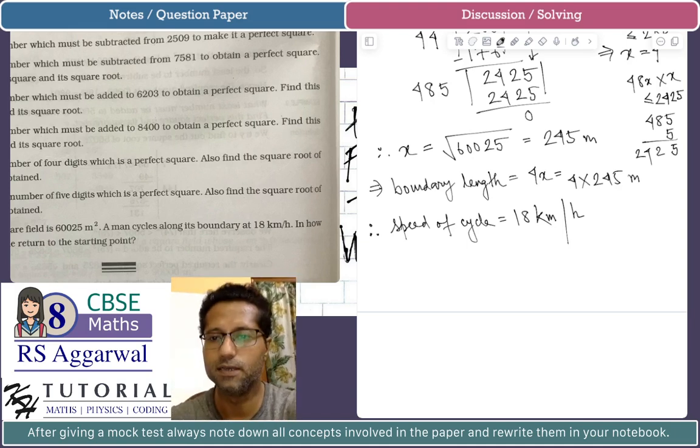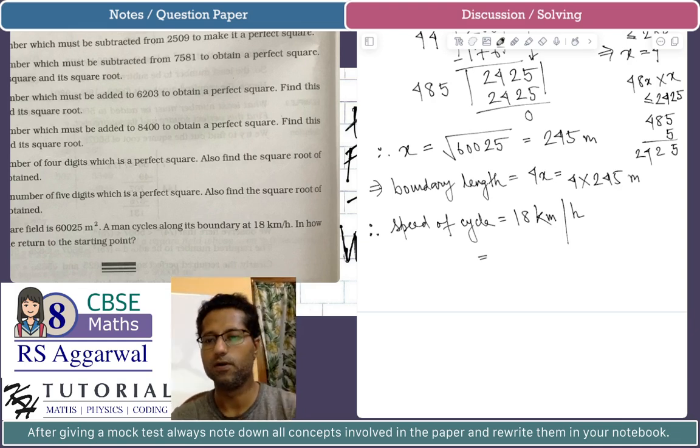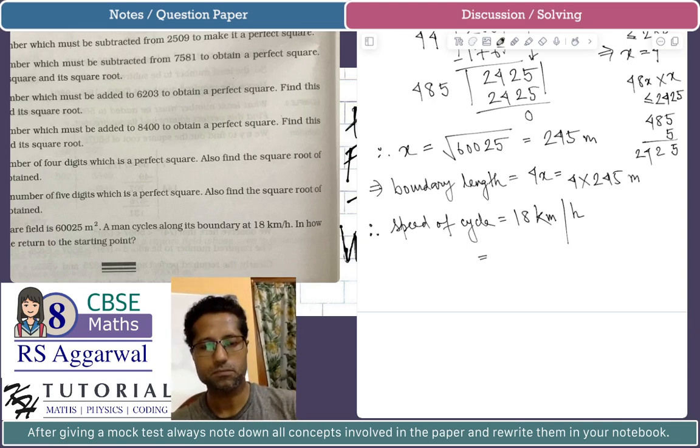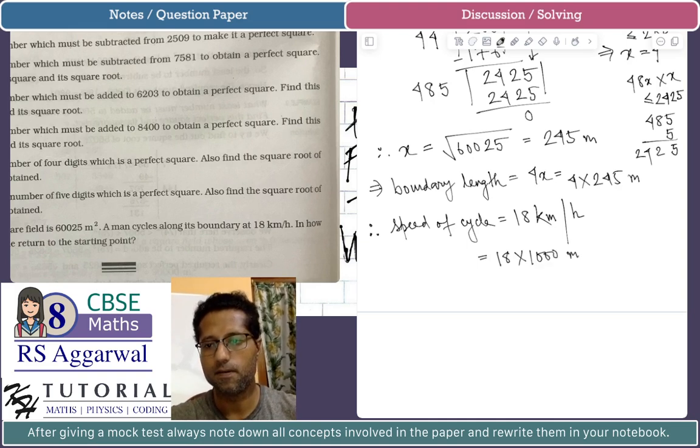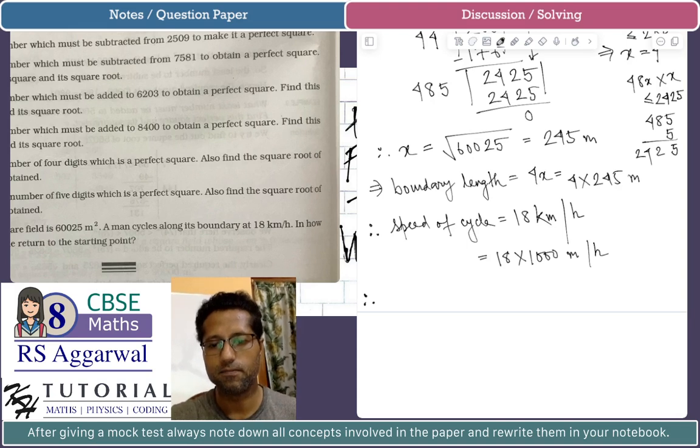So speed of cycle is 18 kilometer per hour. This means you have to convert the 18 kilometer into meter. So this will be 18 into 1000 meter per hour. Now, therefore, from the unit and time concept, we can say that time.